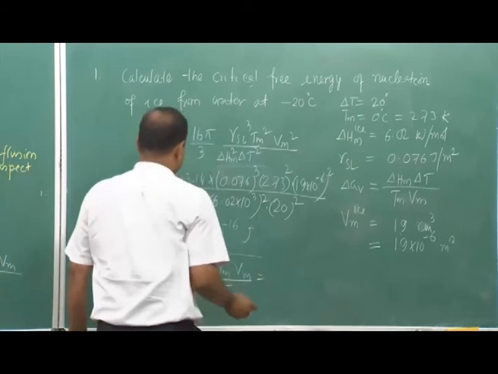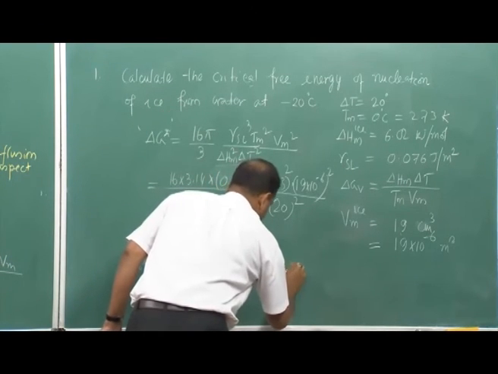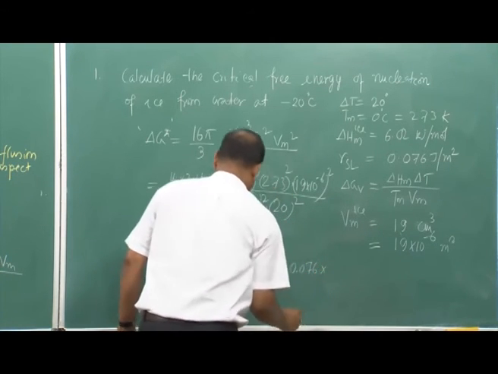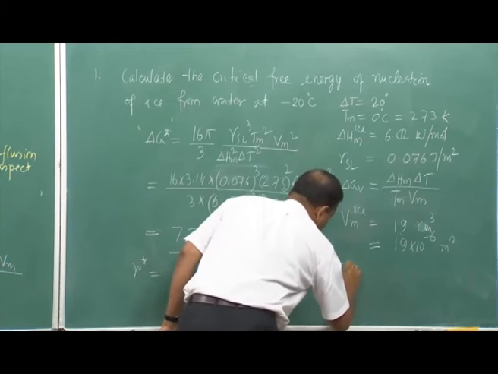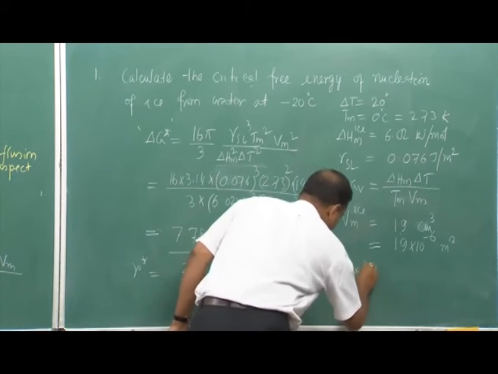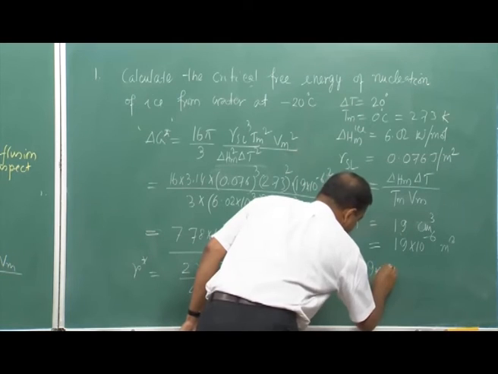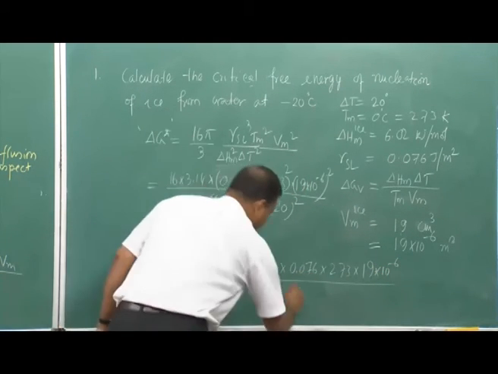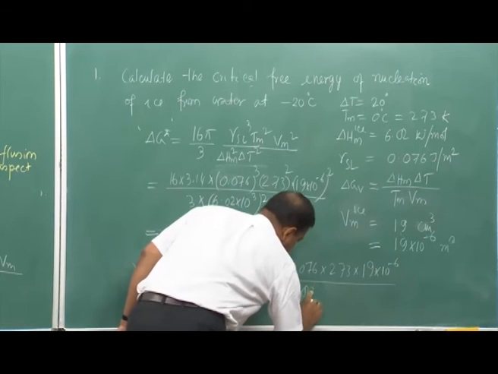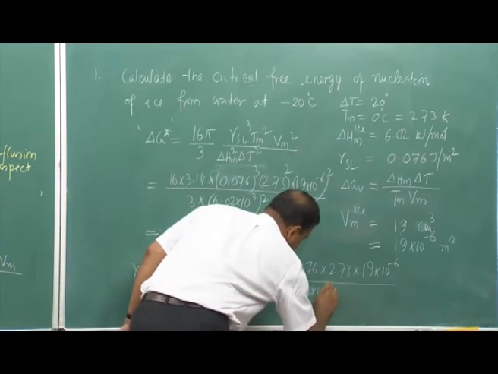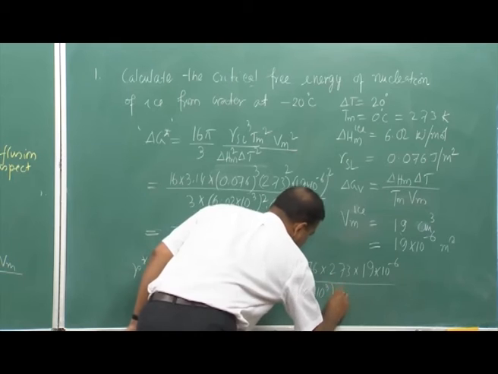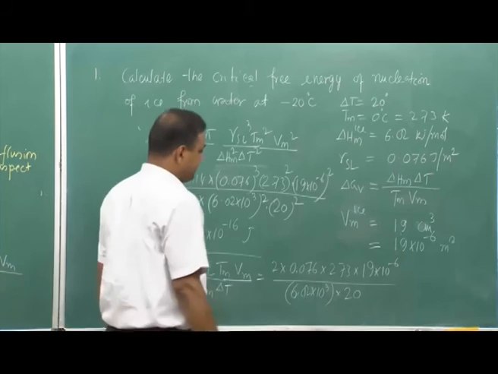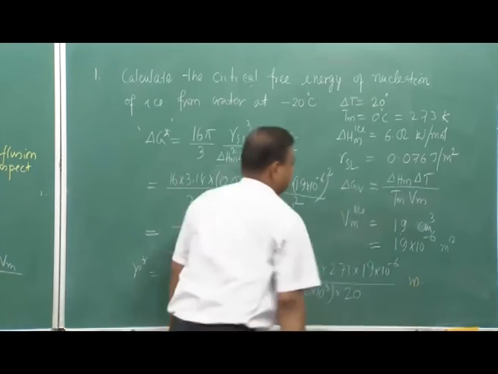So, it would be 2 into 0.076 into 273 into 19 into 10 to the power minus 6 divided by the denominator, and you can get R. That time this will be in meter.